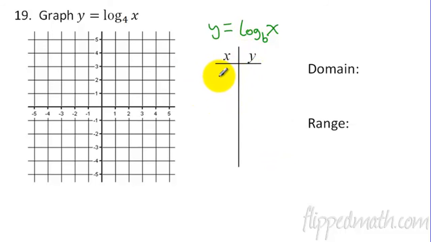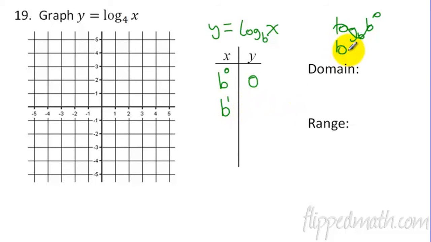Well, I can plug in b raised to anything I want. Let's just say, for sake of ease, a 0. Well, then that means I would have log base b of b to the 0. What does that equal? Log base b of b cancels, and you get 0. Okay, well, now let's do this one. B raised to, plug in a different number. How about b to the 1?